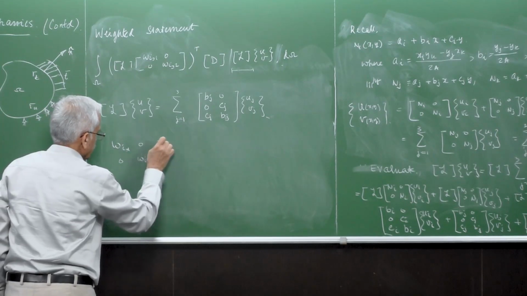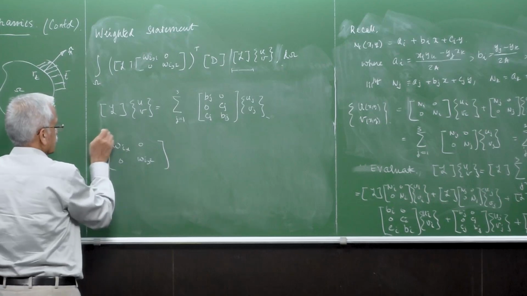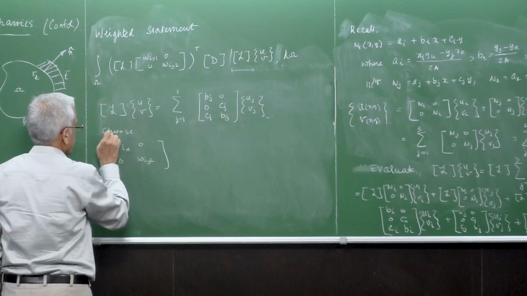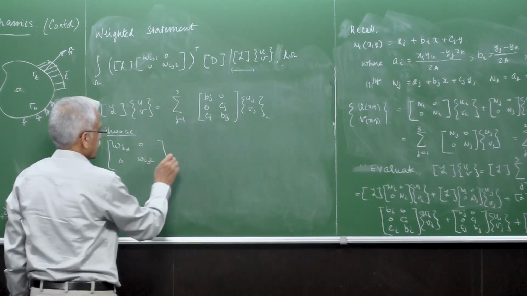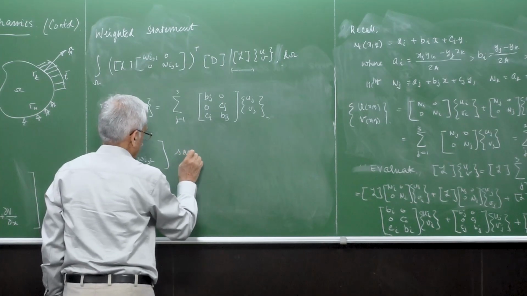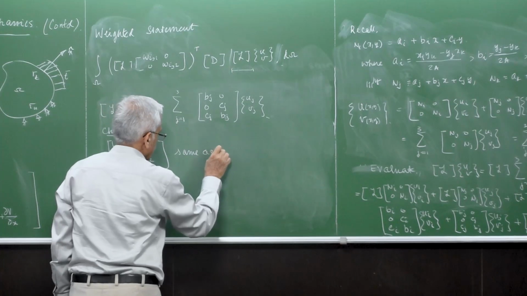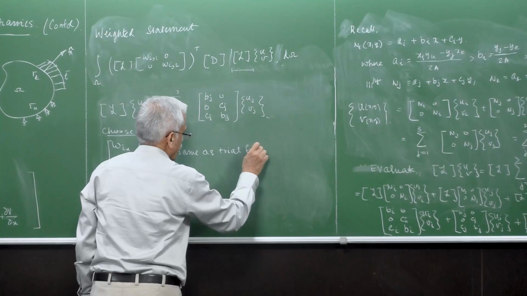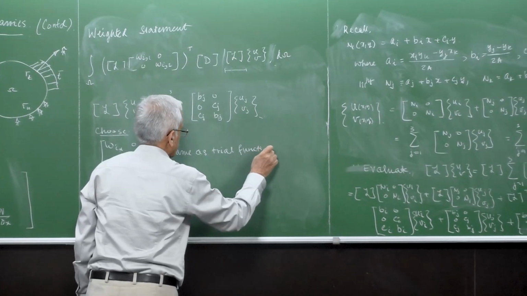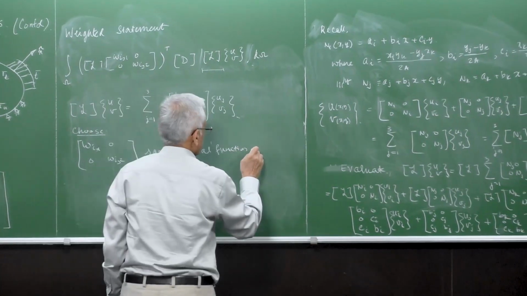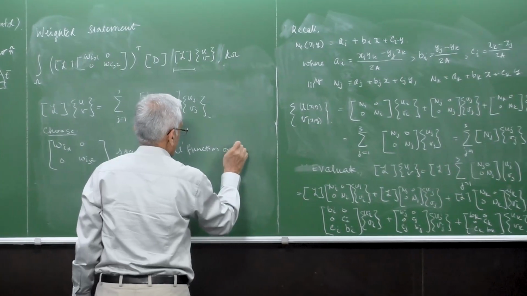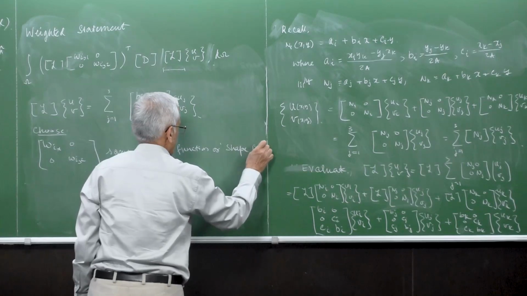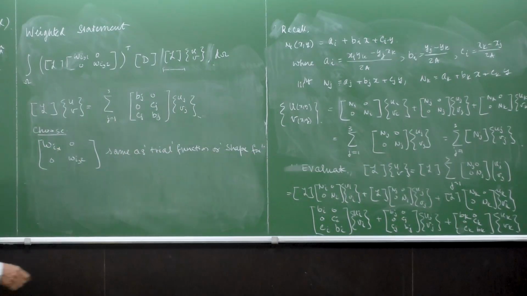The choice of this weighting function should be the same as the trial functions or the shape function. So what is the shape function here?